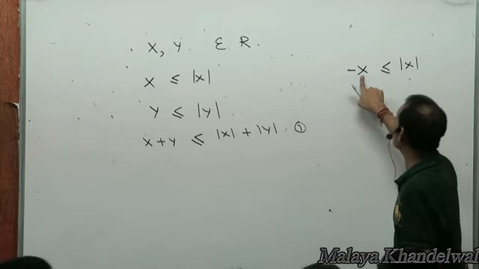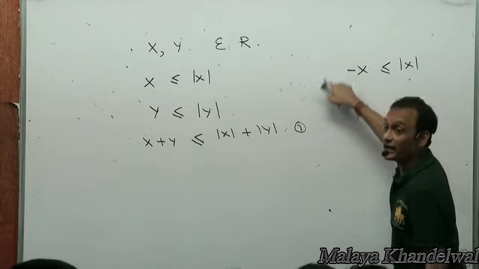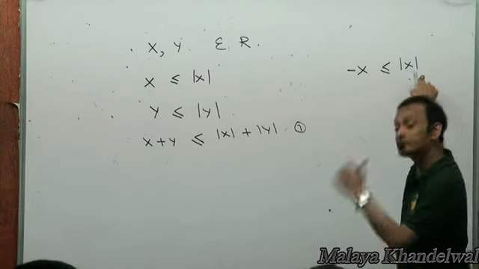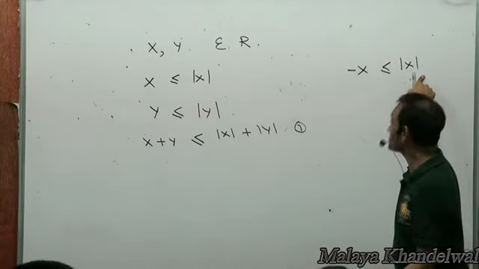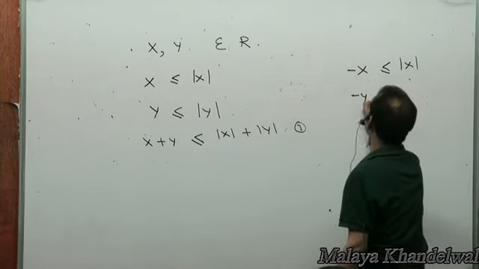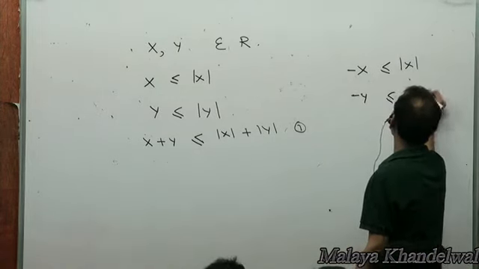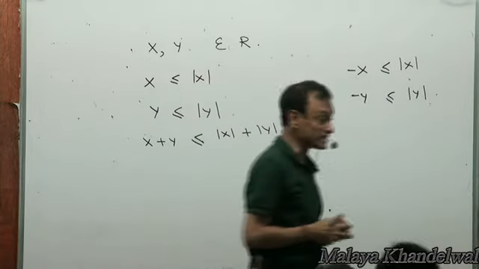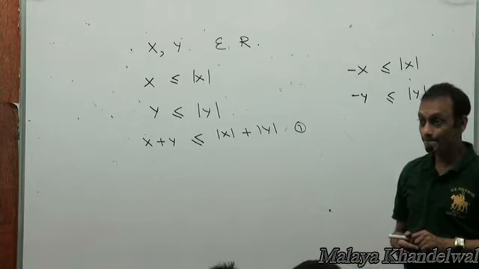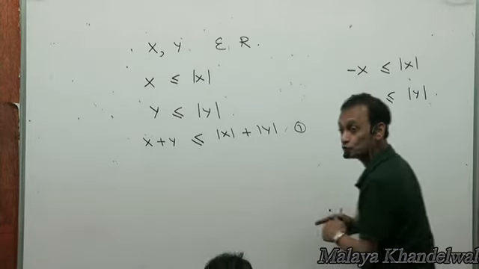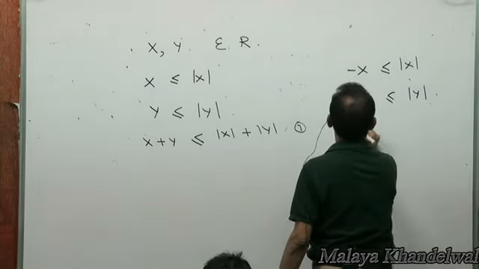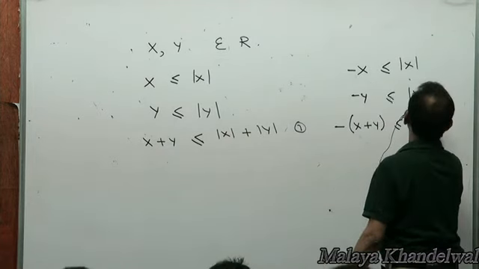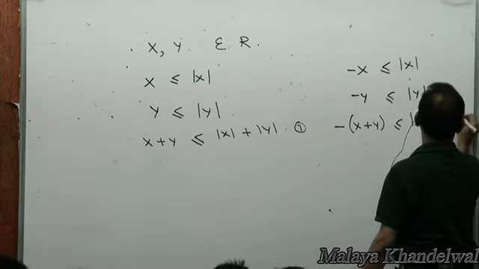Otherwise, if x is positive, minus x will be a negative number and mod x will be a positive number. So can I say minus x is less than or equal to mod x? Right? Similarly, can I say minus y is less than or equal to mod y? Can this be said? Can I say that? Now if I add these two, minus of x plus y is less than or equal to mod x plus mod y.